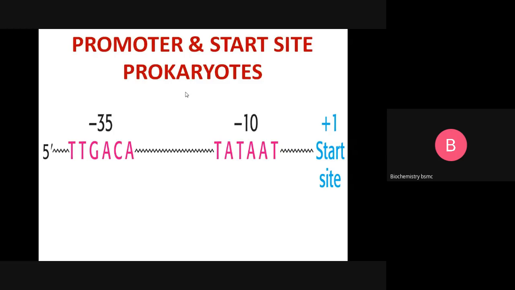So naturally, in this diagram you see a promoter region just close to the start site, and the base sequence is TATAAT. So there are 6 bases, but there may be more also. It is about 10 bases upstream, and there is another region about 35 bases upstream, and there the sequence is TTGACA.